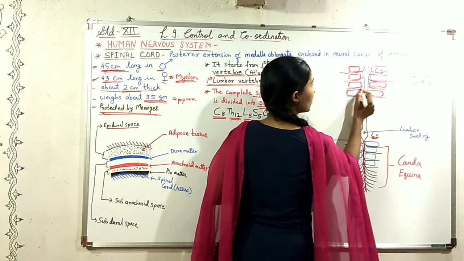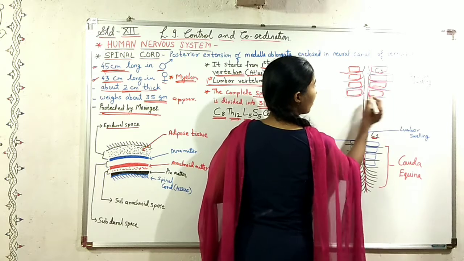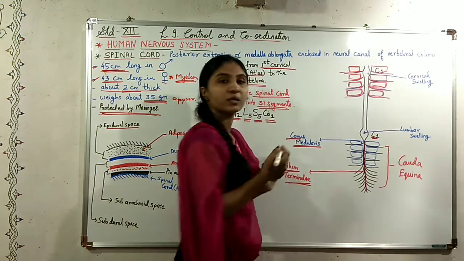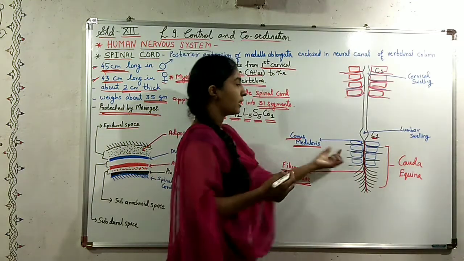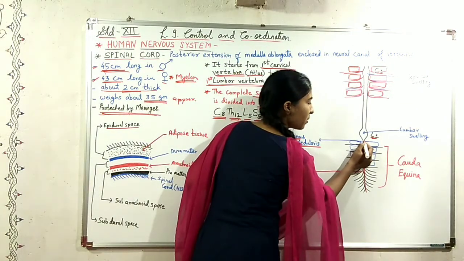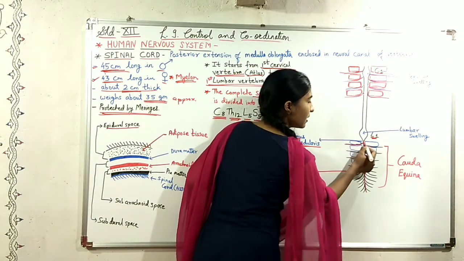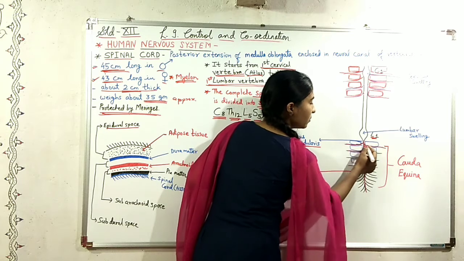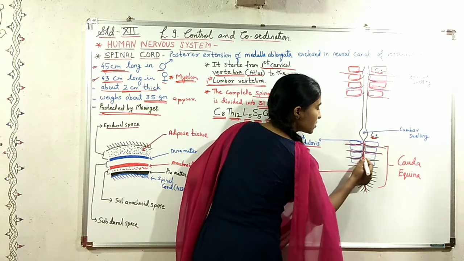In this way the nerves come outside of the vertebral column. Also in the lower part, the nerves arise from the conus medullaris and pass through the vertebrae in this way.